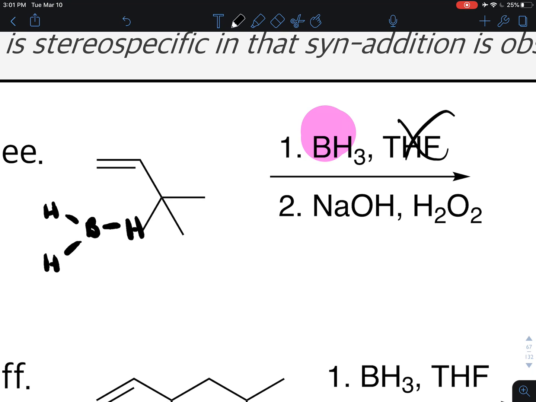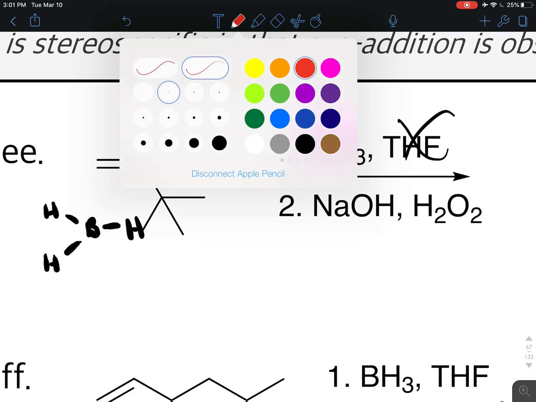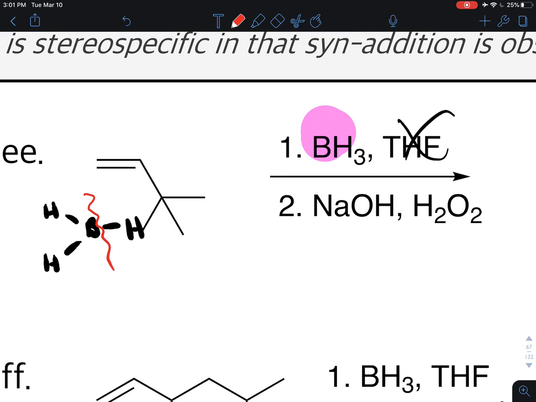It is specifically going to align with that pi bond such that the BH2 fragment, so this is the BH2 fragment, this is the H fragment, it's going to align on the less substituted position of the pi bond, and the H portion of that borane is going to align on the more substituted position of that pi bond.